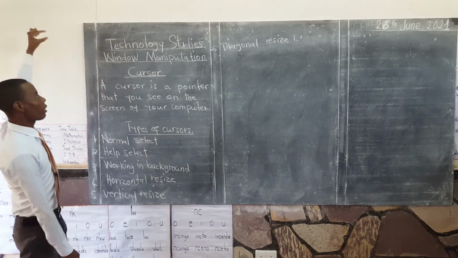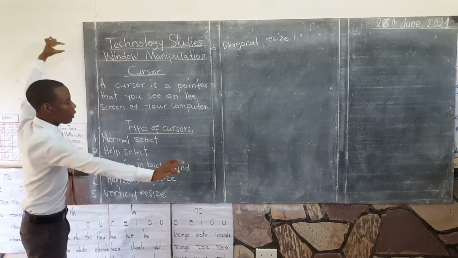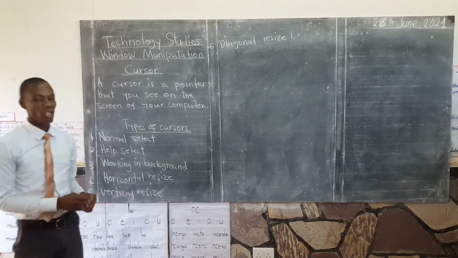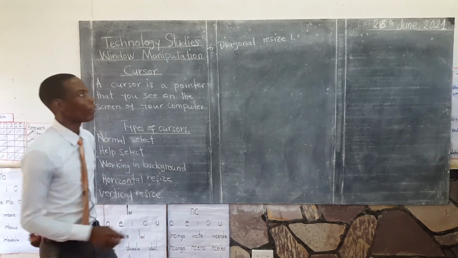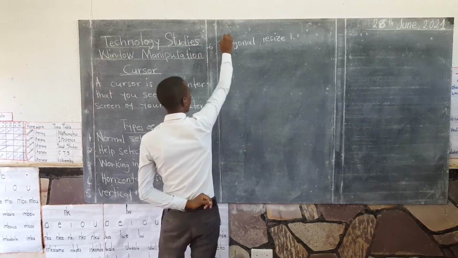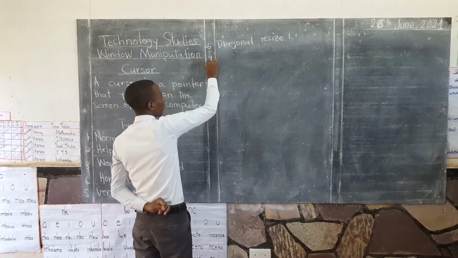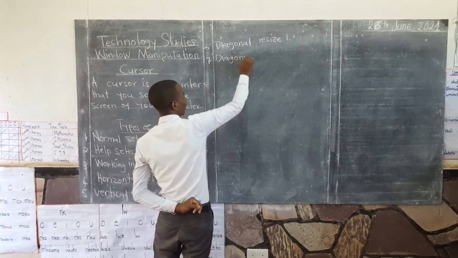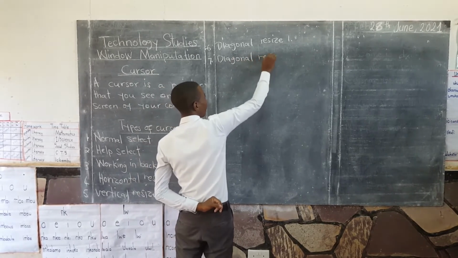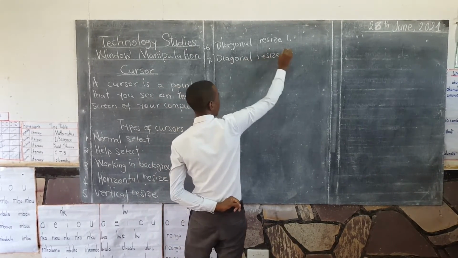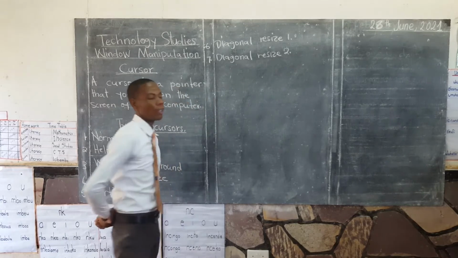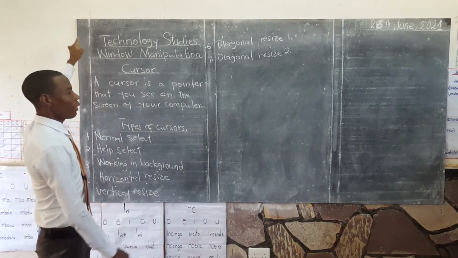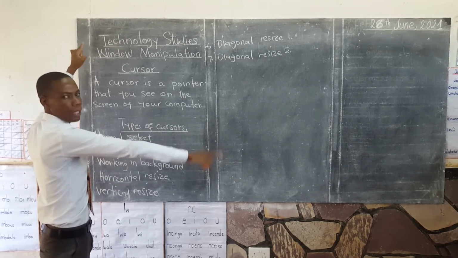You resize it this way or that way. Such a cursor is known as a diagonal resizing one. If there is a diagonal resize one, then there must be a diagonal resizing two. There is one from left to right.